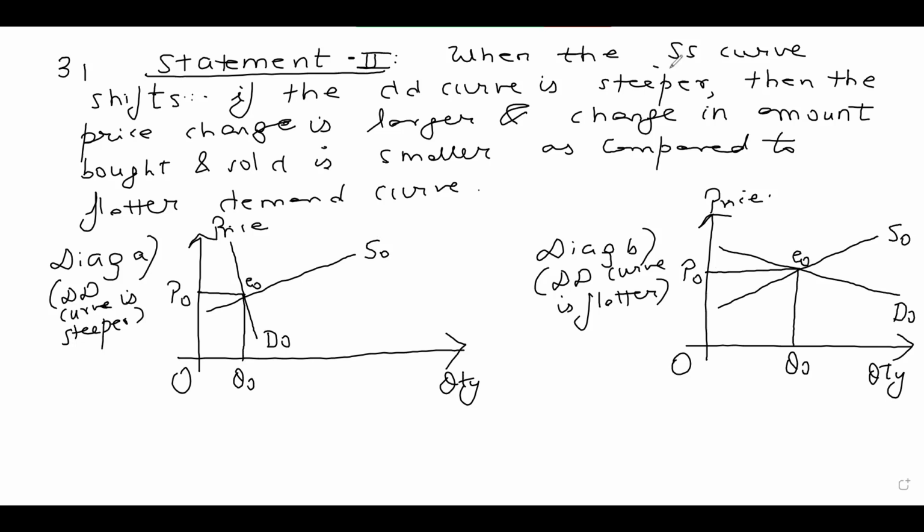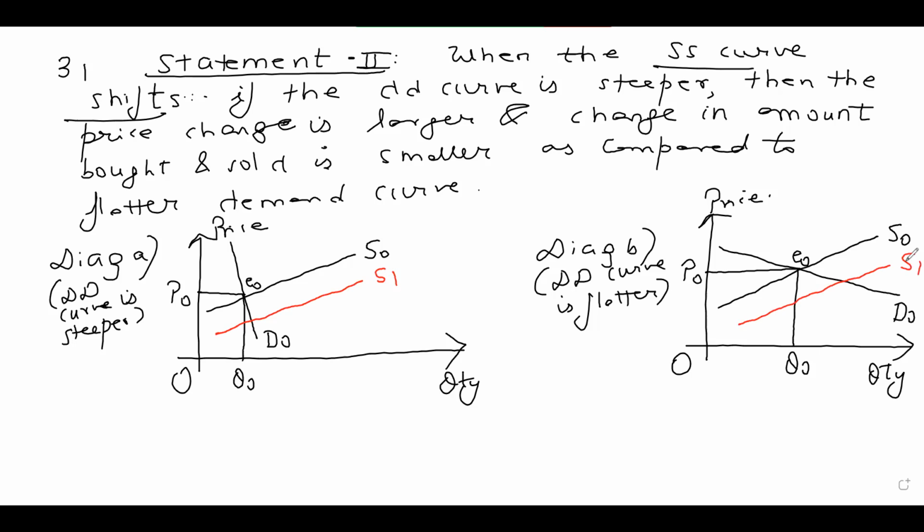Now, when the supply curve shifts, let us assume that the supply increases. So suppose the supply curve increases from S0 to S1 in both the diagrams, and this increase in supply is equal in both the diagrams.